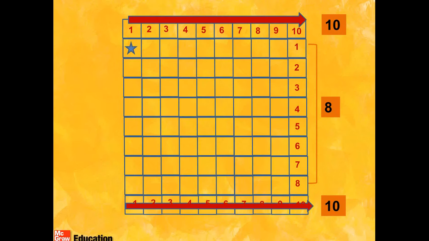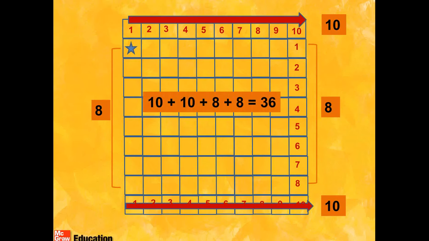And that would be 8. And so there's 8 squares on the right side of the grid and 8 squares on the left side of the grid. And so the activity then becomes 10 plus 10 plus 8 plus 8 is 36.